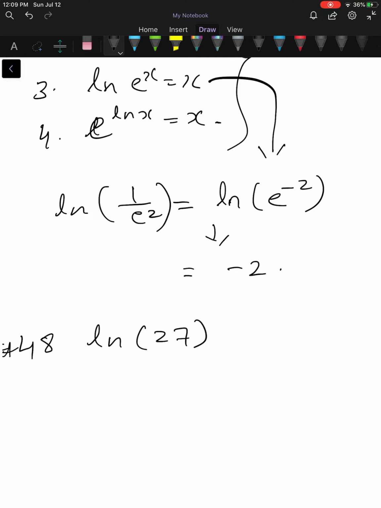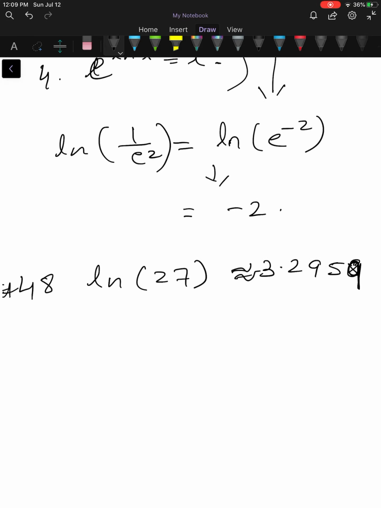So you just have the ln key on the calculator also. ln of 27, if I enter it, I will get approximately 3.295837. They asked me to evaluate the expression up to 4 decimal places, so I will approximate it to 3.2958.